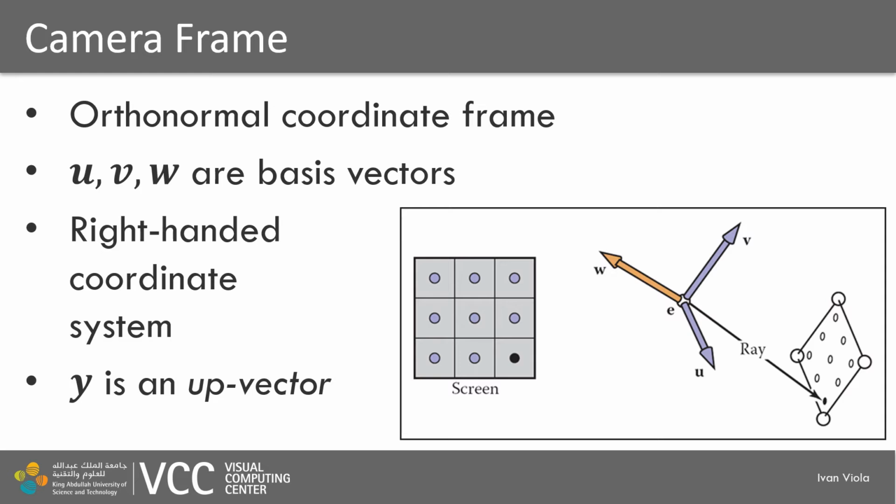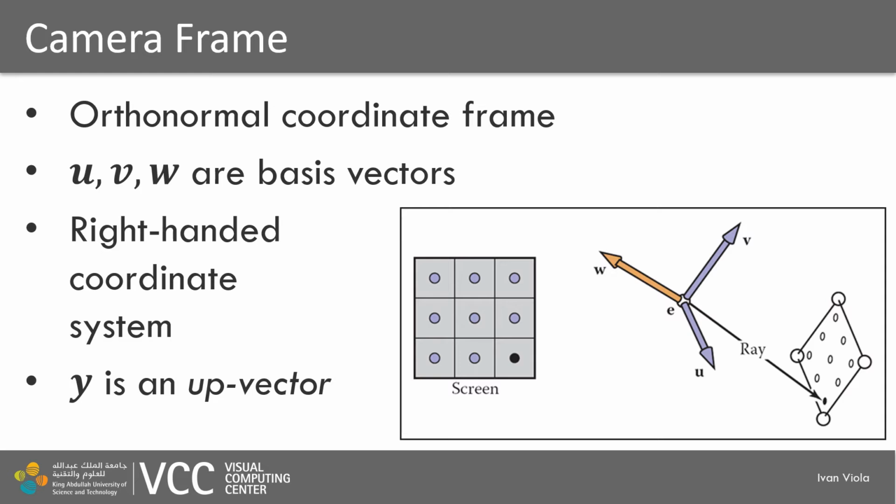So we have this viewing direction, and then we also have something like an up vector. We want to orient the image in such a way that the projection is not turned upside down.